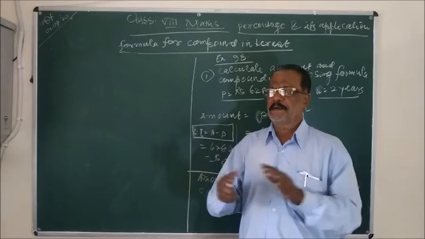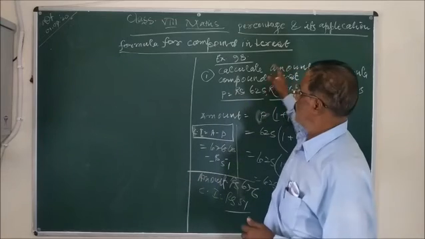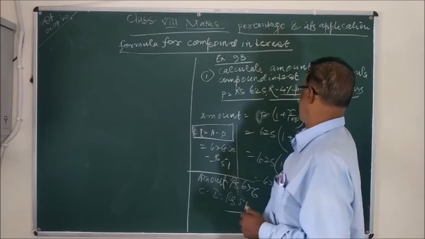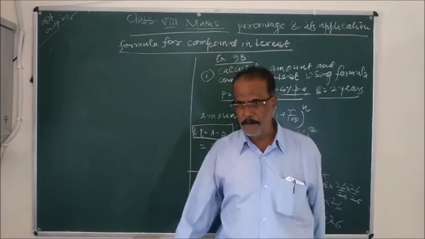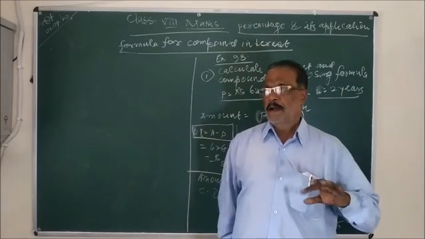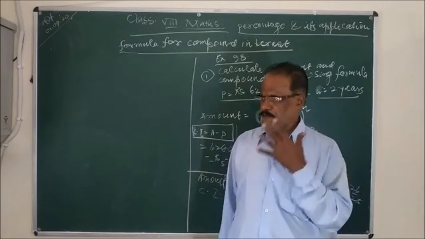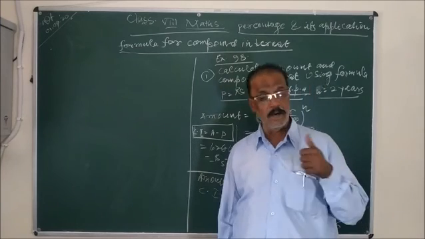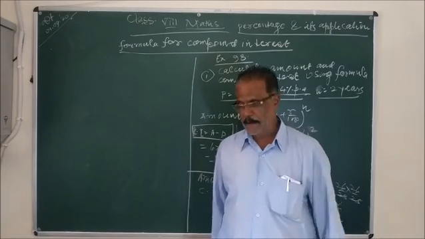If it is simply given, find the compound interest on this amount for this rate and this number of periods, then you are free. You have no compulsion, either unitary method or formula method.